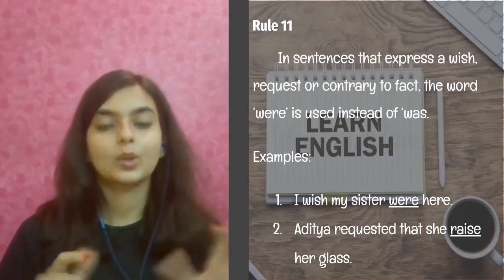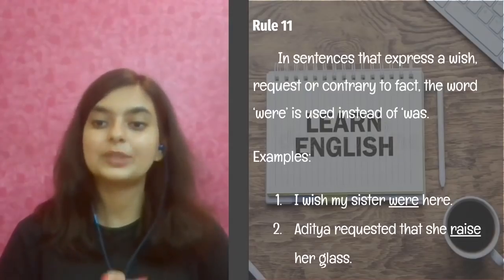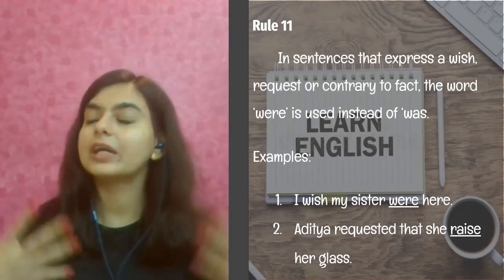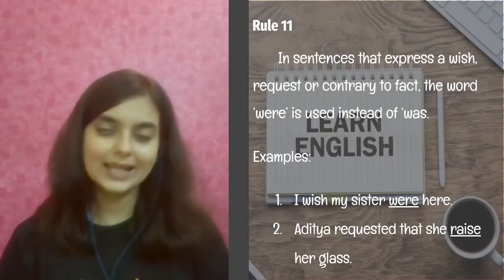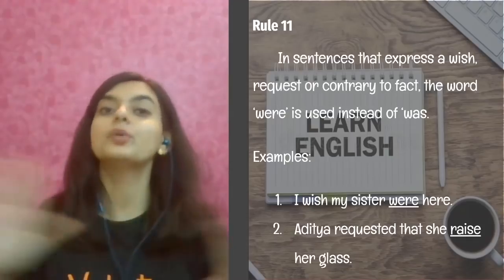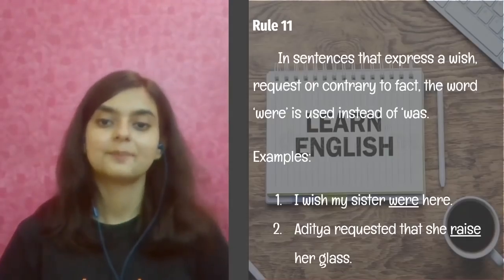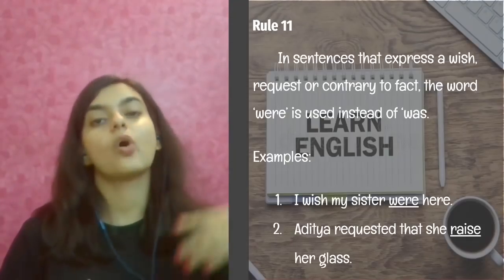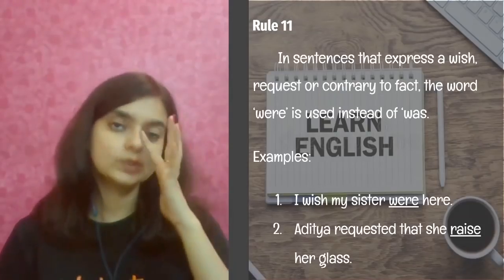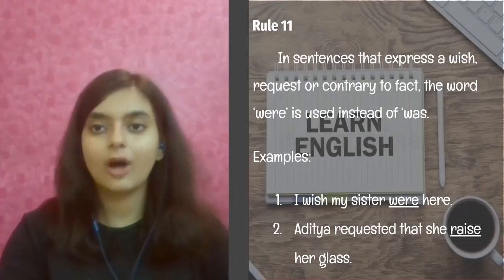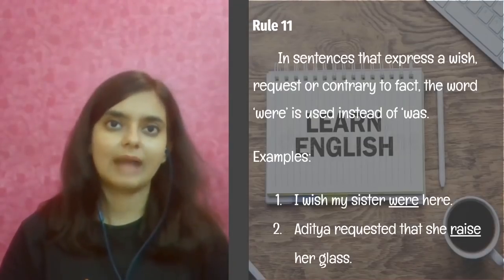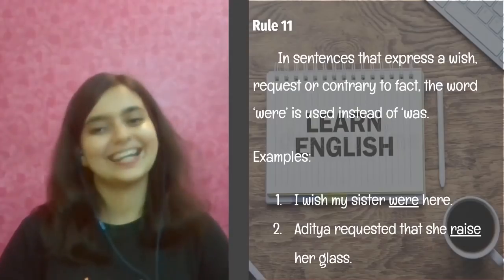Okay, so you are always using what? Were. Whenever you have I wish I were a bird, right? So you are wishing that you were a bird. So never use was, right? Whenever there is a request or a wish, always use were instead of was. I wish I were a bird. I wish I were a fairy, like this, right?